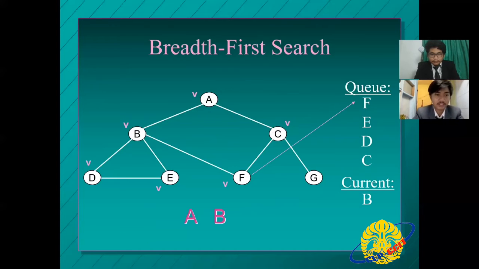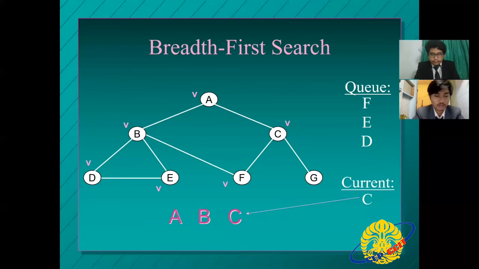Vertex F is adjacent to B, and then put F on the queue. Then the current is C, and C is shown on the graph.